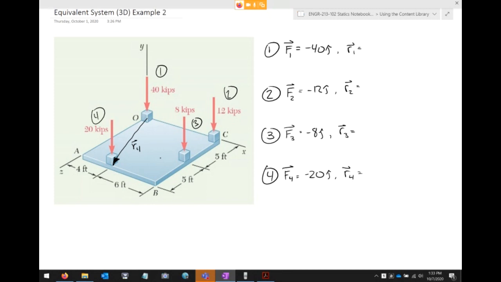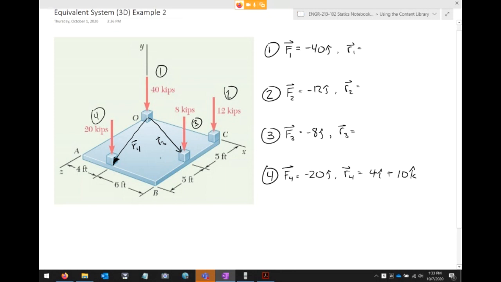So this is going to be 4i plus 10k. There you go. Exactly right. So now let's go back. Let's do R3. What's R3 going to be? R3 is going to be like that.